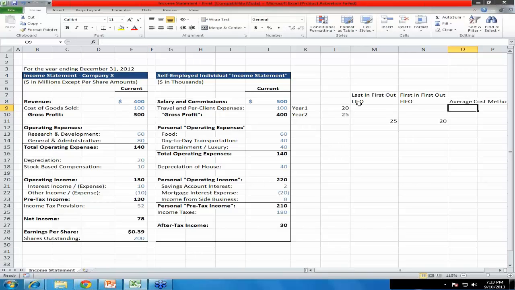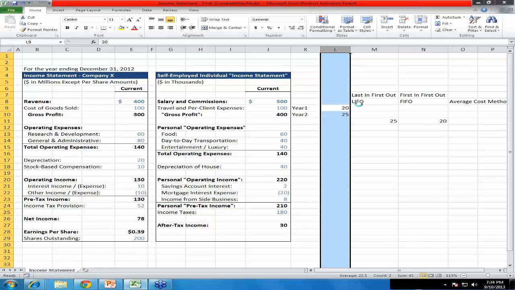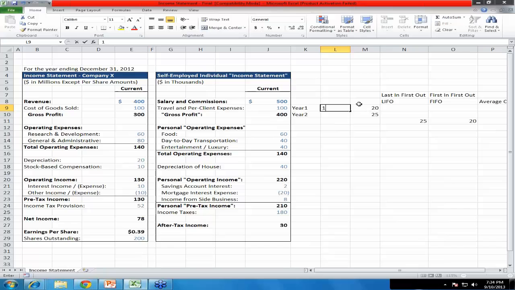If I bought equal units, let's just say 10 units here and 10 units here, the way I would come up with the average cost is 10 divided by this plus this, which is the total.